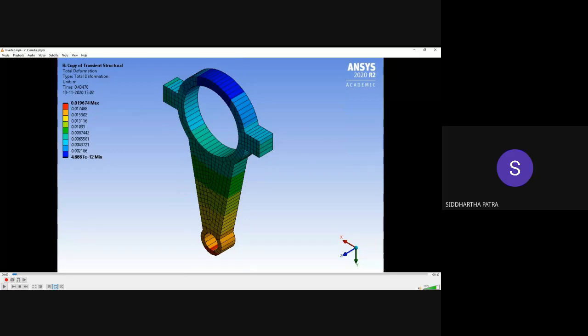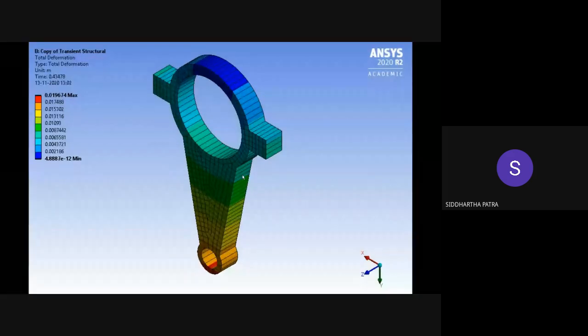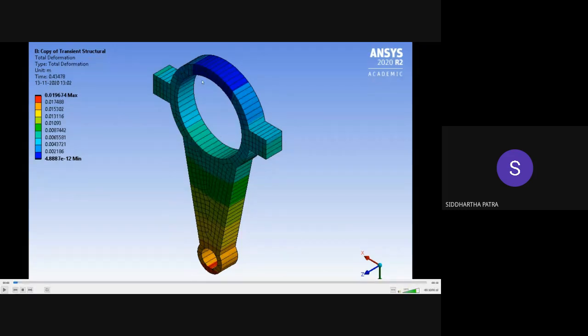So what I did was create an approximate model in ANSYS to represent the connecting rod. Of course, this doesn't have all those components that we drew, but it explains the process. I take the connecting rod, and you see this larger circular hole right here.